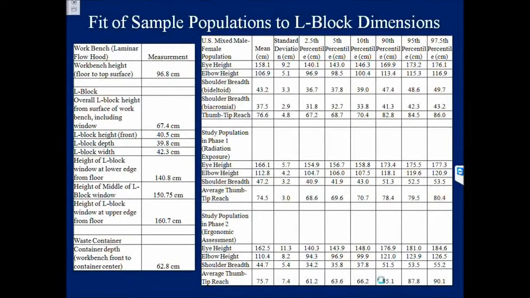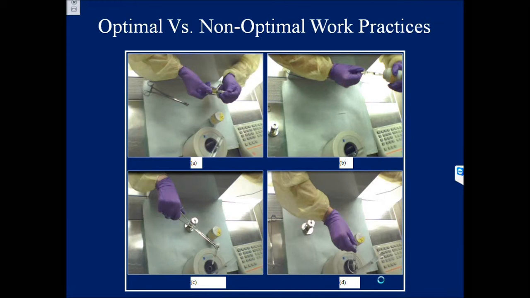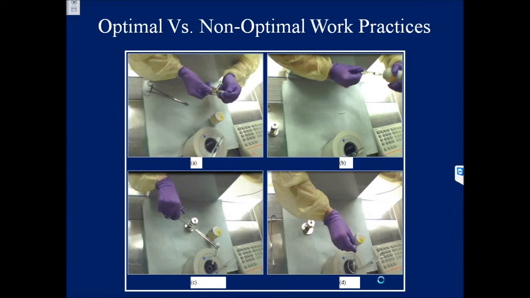So these considerations I looked at, and then in addition, here's my optimal versus non-optimal. On the left-hand side, you see a person using optimal work practice of using a syringe and using tongs to manipulate the radiopharmaceutical that's in a syringe.